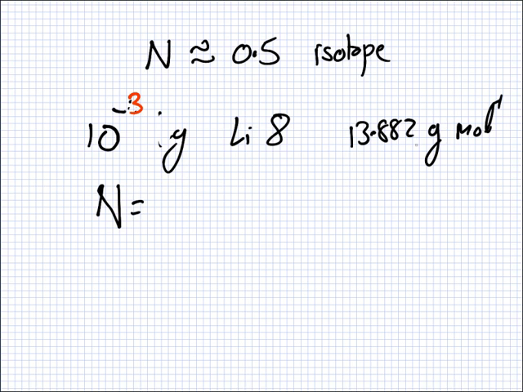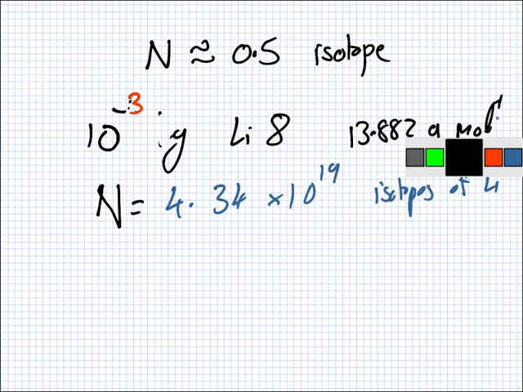So 10 to the minus 3 divided by 13.882, that's how many moles I have, multiplied by Avogadro's number. So could you type in, please, 10 to the minus 3 divided by 13.882, and then take your answer and multiply it by Avogadro's number. 6.02 times 10 to the 23. 4.34 times 10 to the 19 isotopes of lithium.